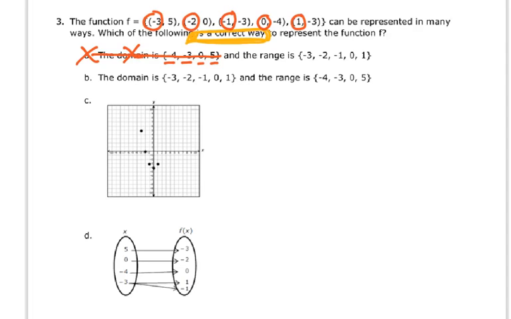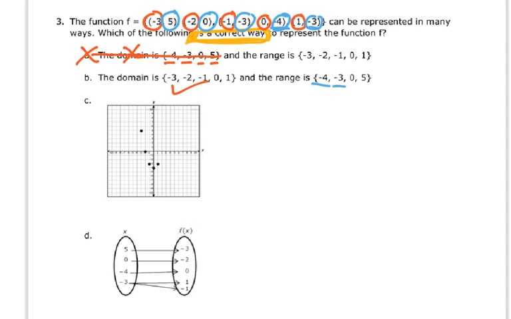B says that my domain, my x's, are negative 3, negative 2, negative 1, 0, and 1. Let's see, negative 3, negative 2, negative 1, 0, 1. So far, this is correct. Then it says the range, my range is my y values. My range, there's a negative 4, yes. There is a negative 4 in the range.